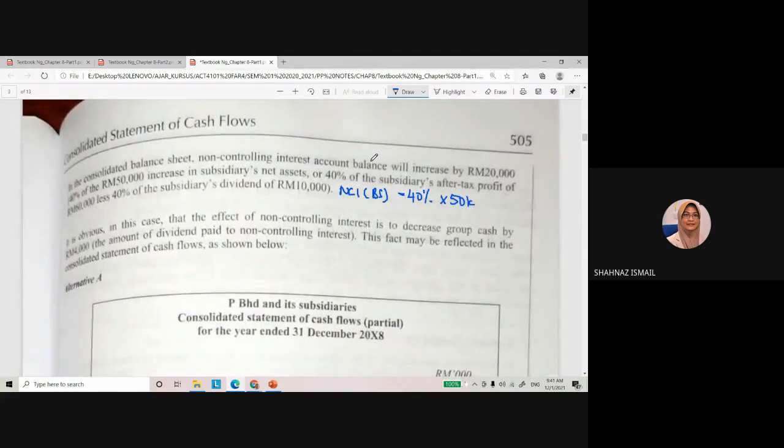Right. Okay. This is a net asset. So this comes from 40% of the 60k profit, and 40% of the dividend. This is the dividend paid.